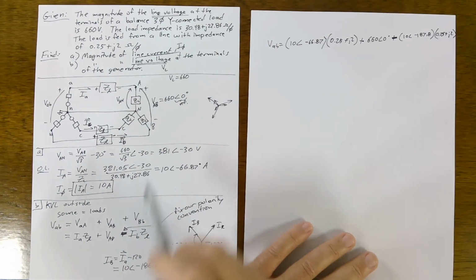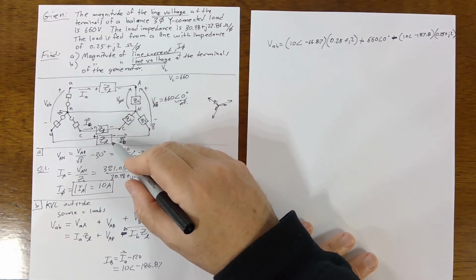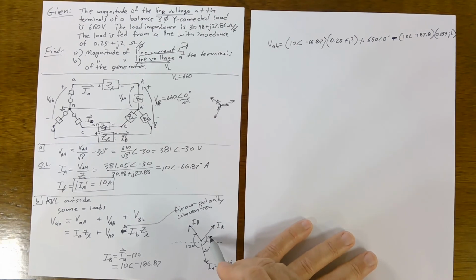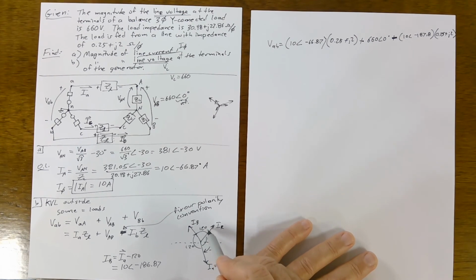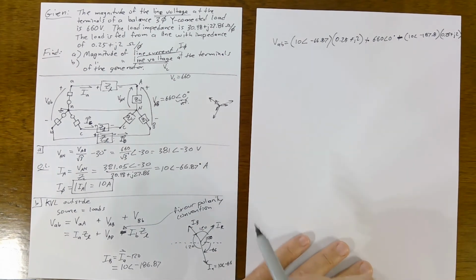And the other weirdness is that we need this I_B in here, and that comes from the understanding that these guys are 120 degrees apart. I didn't draw it super well, but all three of these have the same magnitude, just 120 degrees apart.